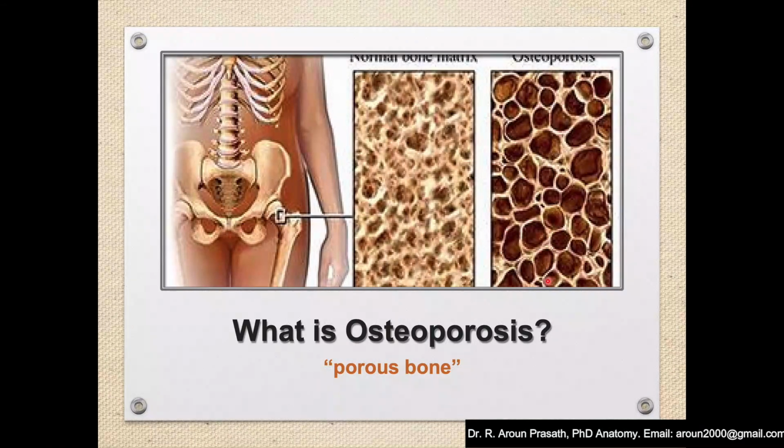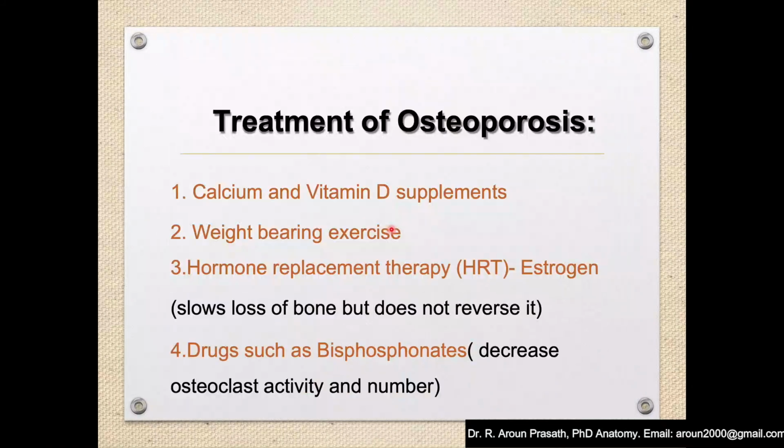It is common in menopausal females and also in old age. The common sites for osteoporosis are especially the neck of the femur and trochanteric region, and the vertebral bodies, the thoracolumbar junction vertebral bodies.